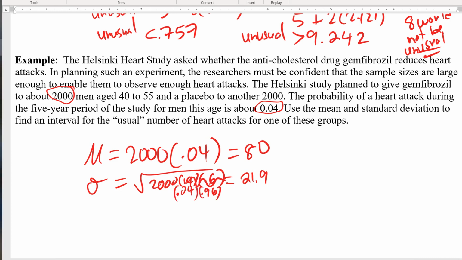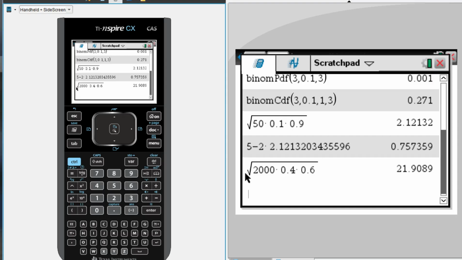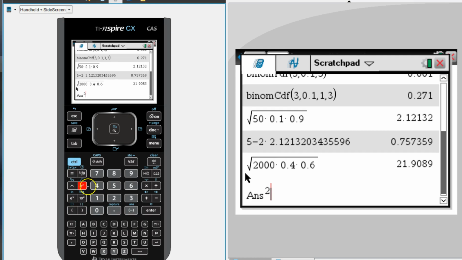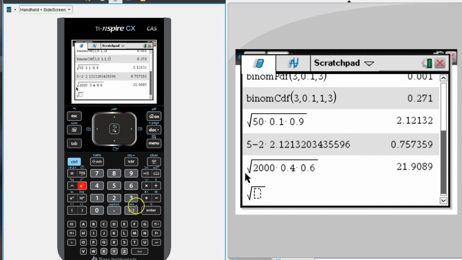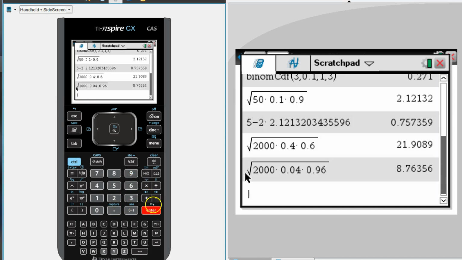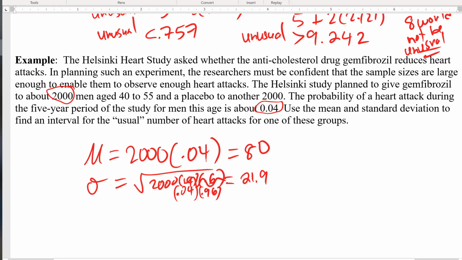So 0.04 would be 80. So that was right. Good. Let's fix it in the calculator. So the square root of 2,000 times 0.04 times 0.96. So what is that? Yeah, 8.76. That makes more sense.